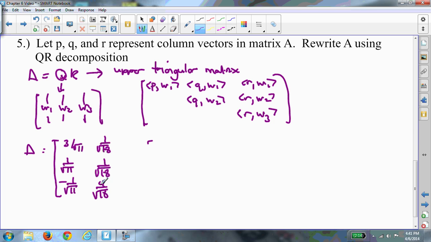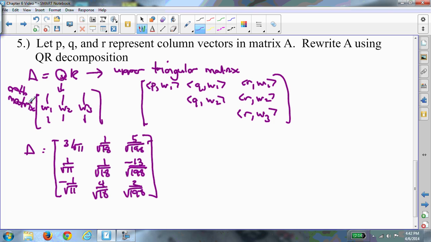And the last one was over the square root of 198, so that would be 5 over the square root of 198, negative 13 over the square root of 198, and 2 over the square root of 198. So that is my orthogonal matrix. If I did Q transpose Q on that, it would equal the identity matrix.